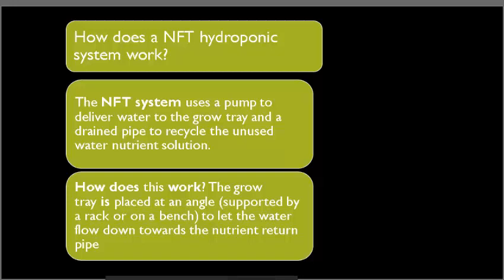So if nutrient must be flowing, how is it possible? Who will tell me? Is it possible by a submersible pump? When your submersible pump is on 24 hours, then only your nutrient circulation will be supported.